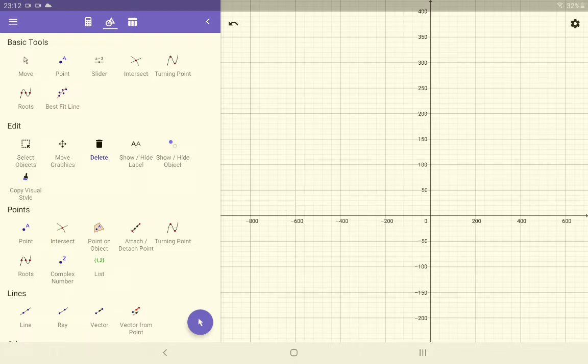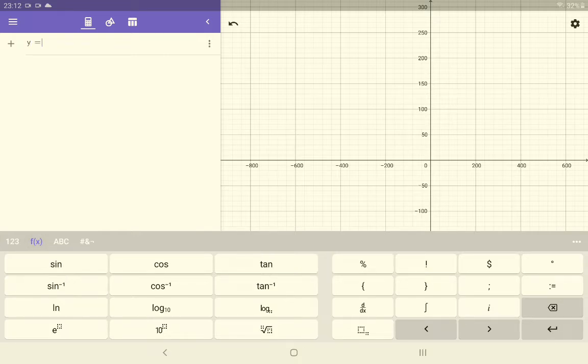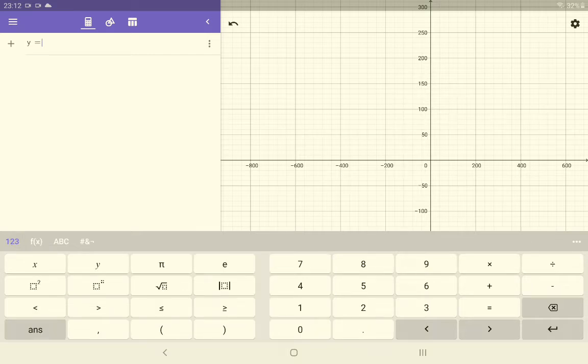See, if y equals 1 over x, let us check with 1 over x.